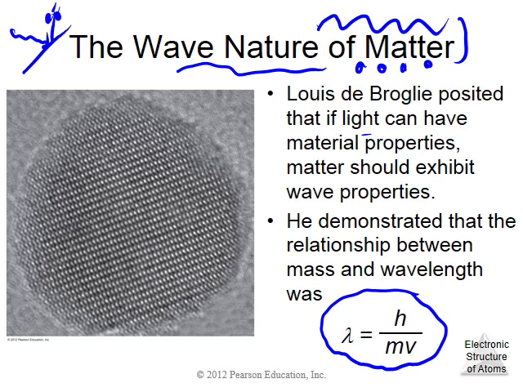Obviously now it is true for any matter, anything moving. So even you would have a wavelength when you're jogging or running, and that wavelength would be given by h over mv. If you plug in all these numbers, you'd find that the wavelength is so small.